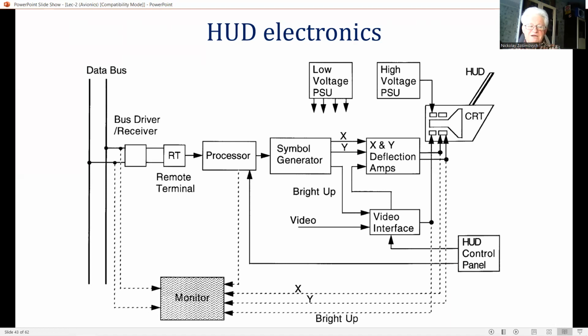The input data includes primarily flight data from the air data system and the INS, such as height, airspeed, vertical speed, pitch and bank angles, heading, flight path, velocity vector. Other data includes MLS or ILS guidance signals, source management, and weapon aiming data. In the case of a combat aircraft, discrete signals such as command, warning, etc.